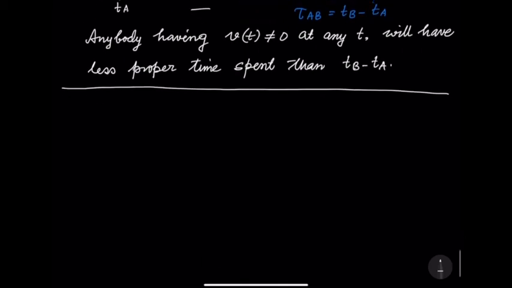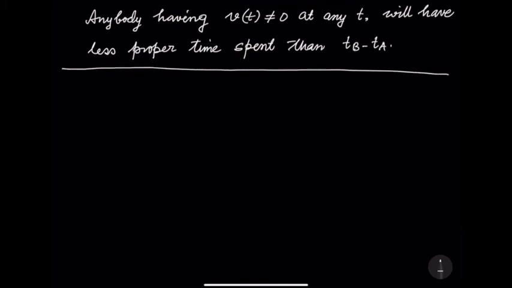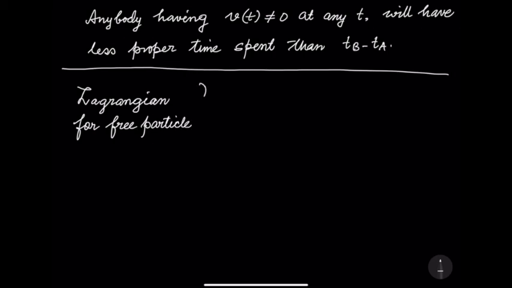That's what Newton's second law tells us. So this lets us find out the Lagrangian for a free particle in special relativity. How do I find that out?